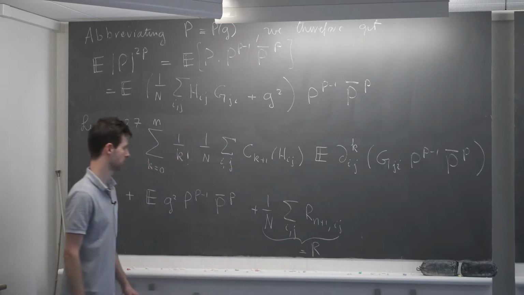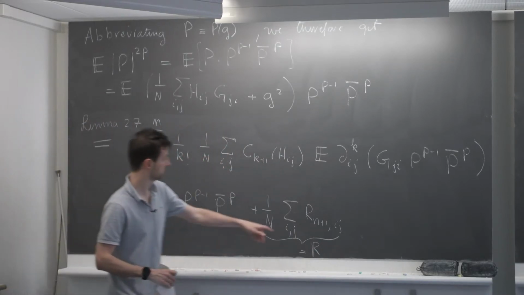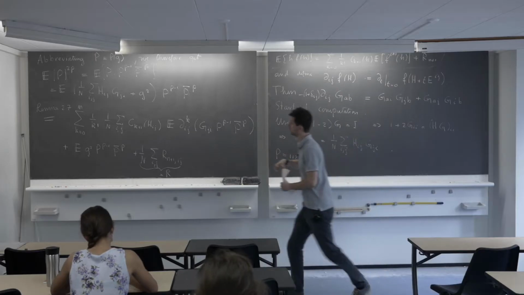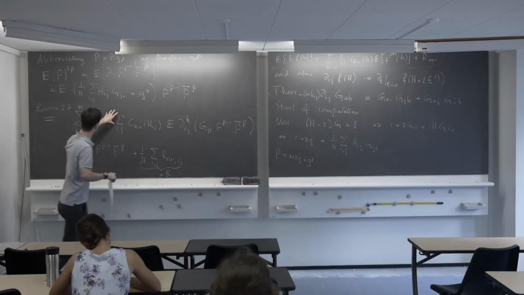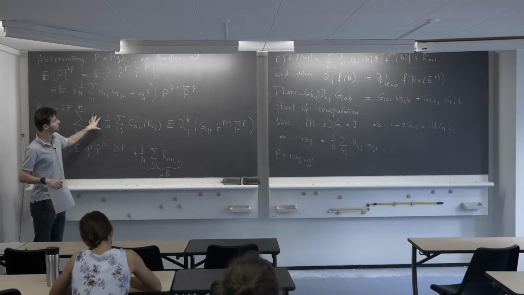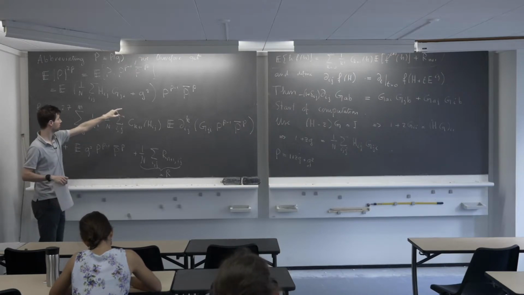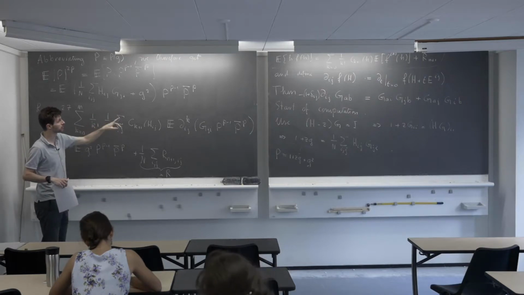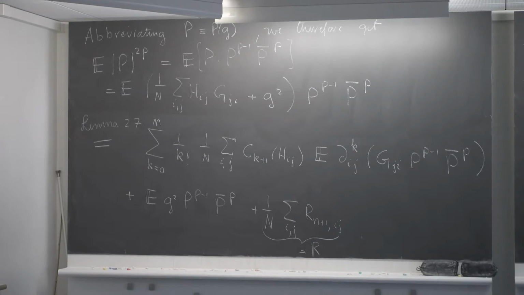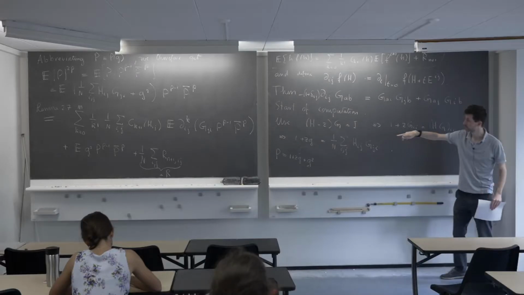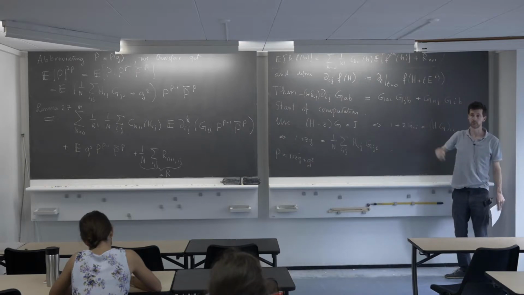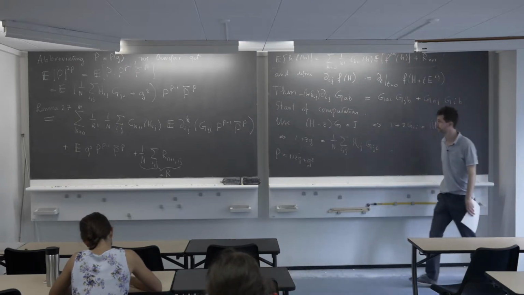So this term, the remainder term. So this notation, I hope it's clear. I have a sum. If I pull out this sum here, 1 over n sum over ij, then I have a direct application of this formula. So for each ij, I apply this formula. And the remainder term here, that I denote by R_{n+1, ij}, is exactly this one that you get from the cumulant expansion for h_ij.